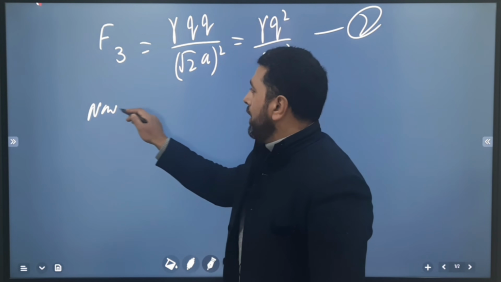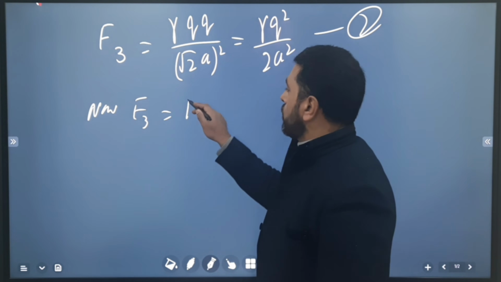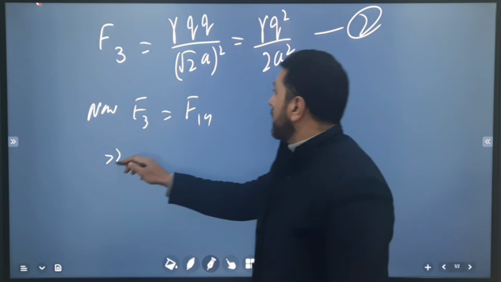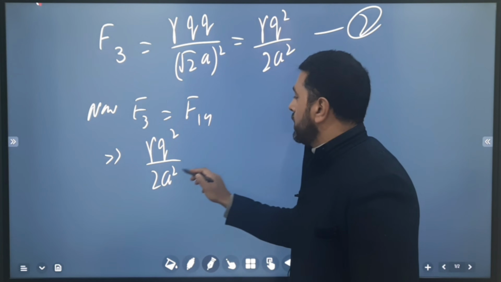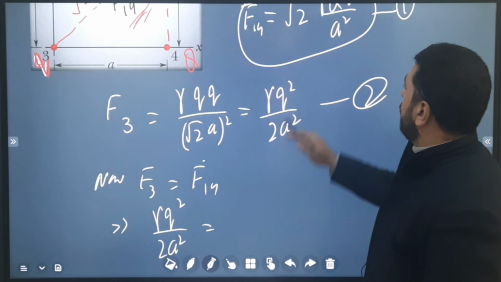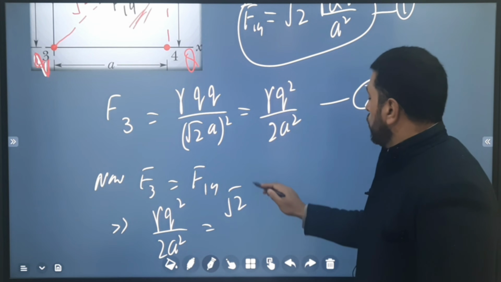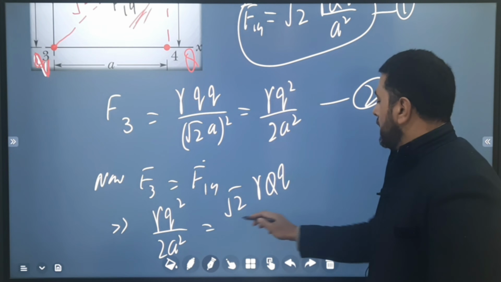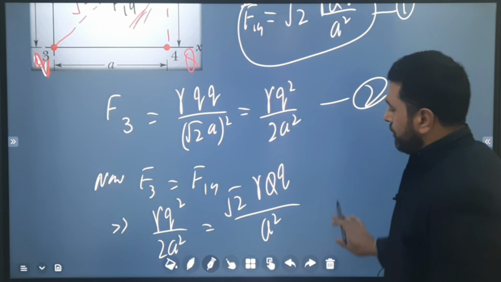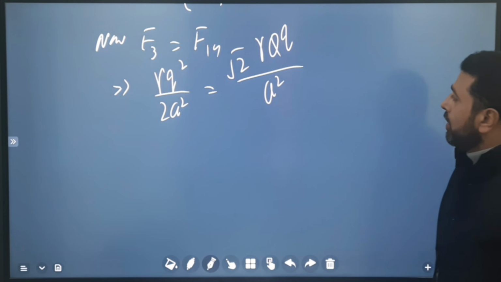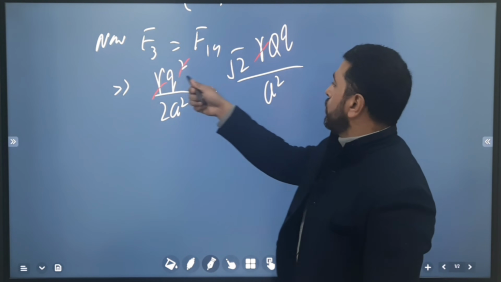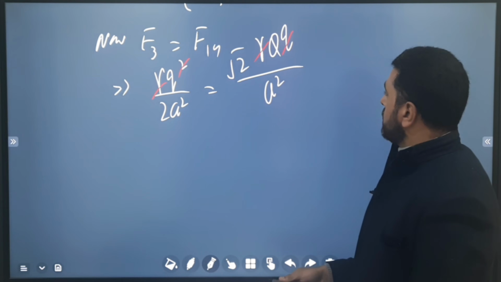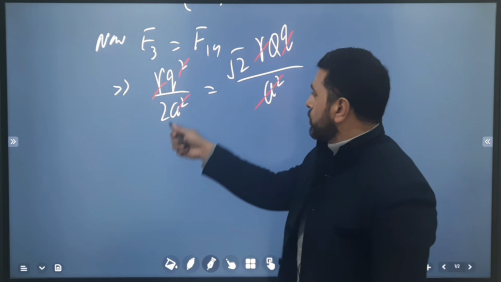Now F3 is equal to F14, which implies gamma q squared divided by 2a squared is equal to root 2 gamma Q divided by a squared. So gamma and gamma cancel out, one of the q's cancels out, a squared cancels out.